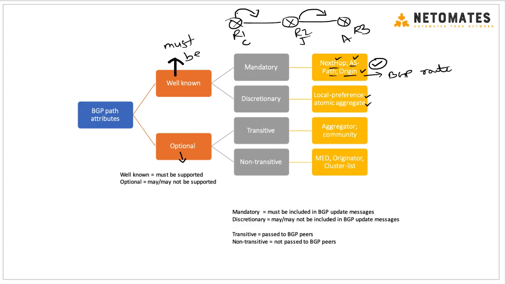Transitive means whenever R1 sends it, R2 will forward it to R3, so it can propagate to other peers. In the non-transitive case, if R2 does not understand this attribute, it will just discard it and won't forward it to the next BGP peer.